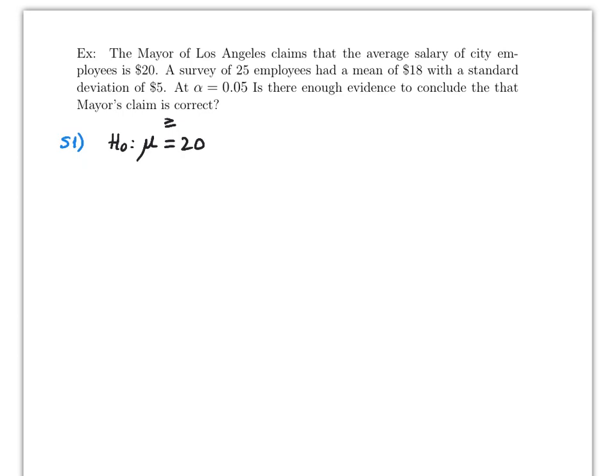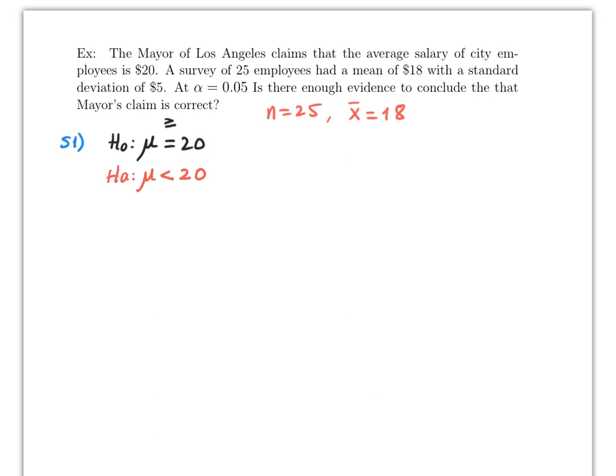Now, if you have a survey of 25, so that means n is 25, which you notice is less than 30, and the average is 18, since the average is less than what the mayor is claiming, then the alternative is going to be that mu is less than 20. So that's how you'll get step 1.